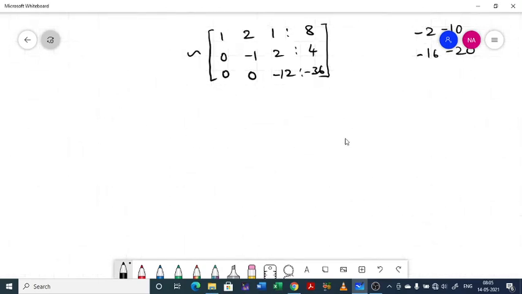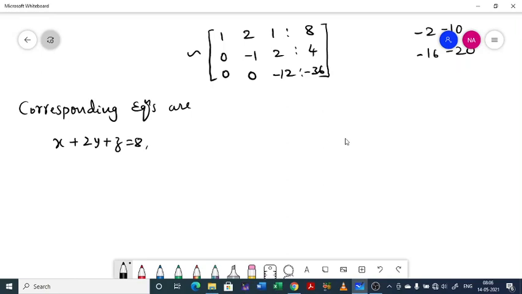So the corresponding equations are x plus 2y plus z equal to 8, minus y plus 2z equal to 4, minus 12z equal to minus 36.